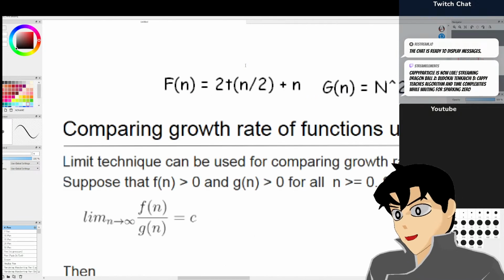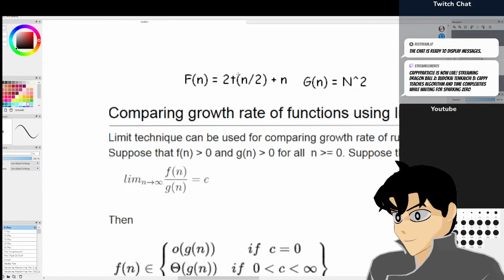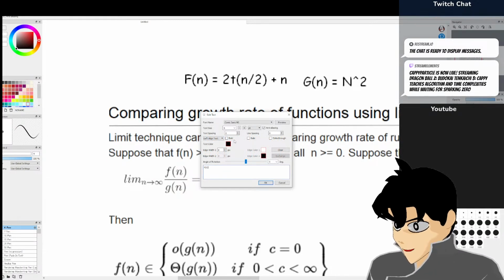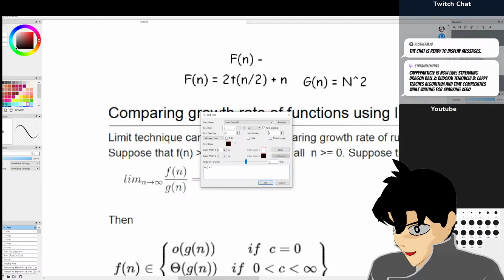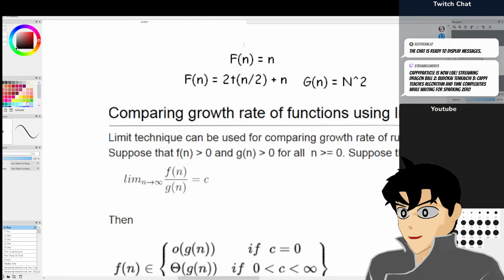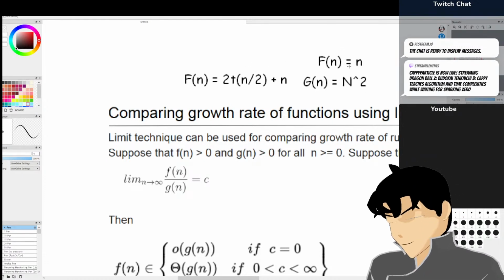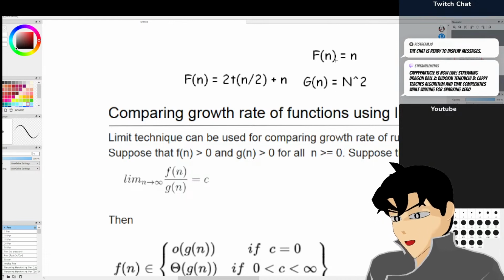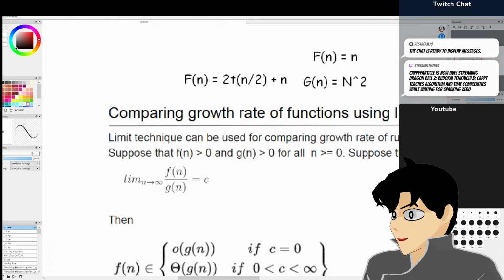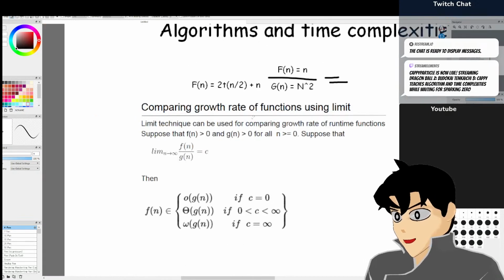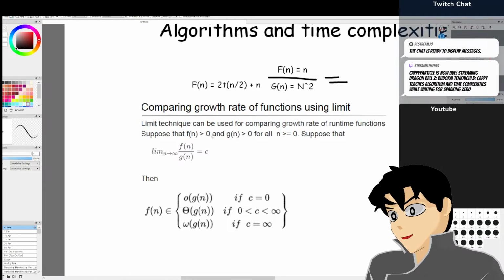So let's simplify this actually. F of n equals, let's say it just equals n, okay? Objectively, we know n squared is faster than n. So what we do to compare limits is going from here, dividing them. What does it equal when it's approaching infinity?